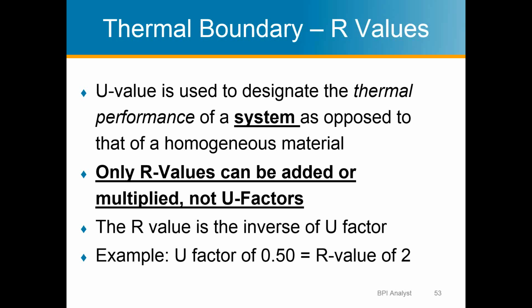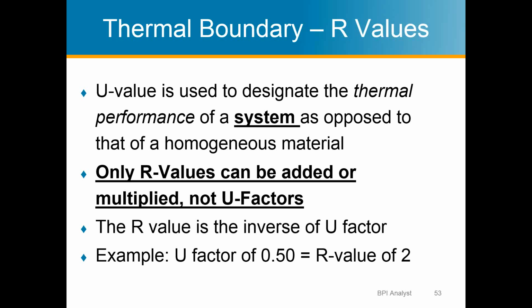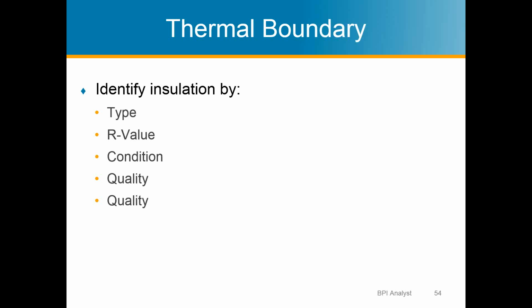U value tells you how well it transfers energy through it, and R value tells how well it stops it, basically. In my example there, if the U factor is 0.5, the R value is 2, right? So if your window has a U factor of 0.5, your window actually has an R value of 2. Pretty lousy compared to your wall, typically.